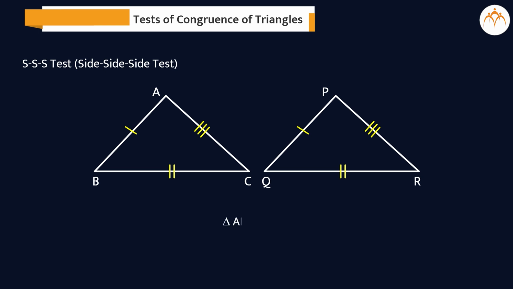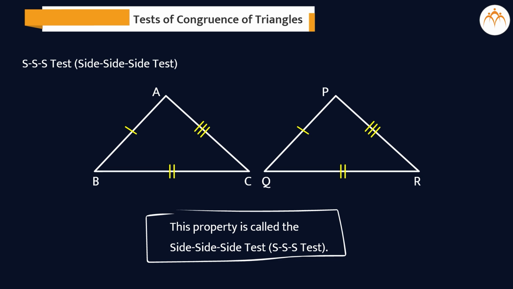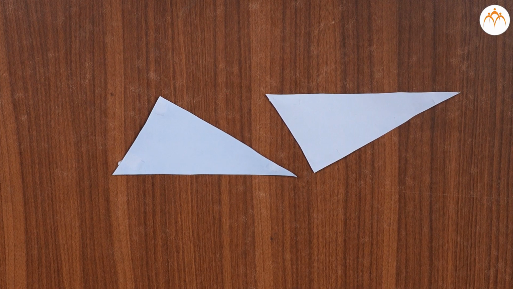Thus, triangle ABC and triangle PQR are congruent triangles. That is, triangle ABC is congruent to triangle PQR. This property is called side-side-side test, that is SSS test.